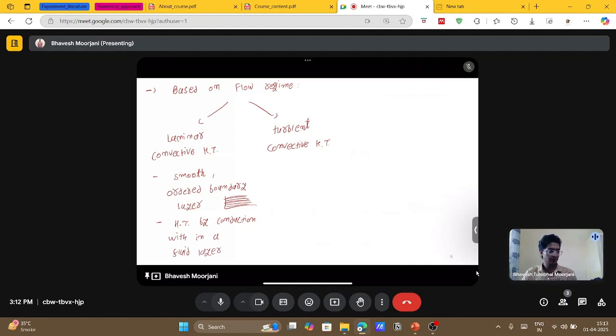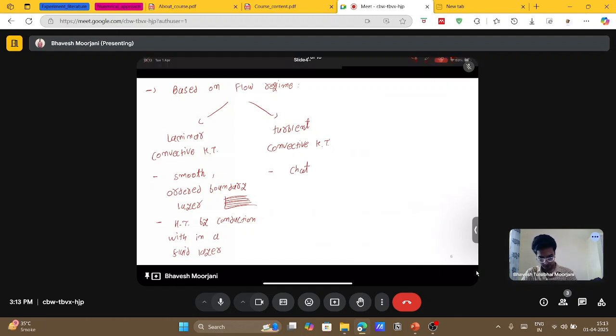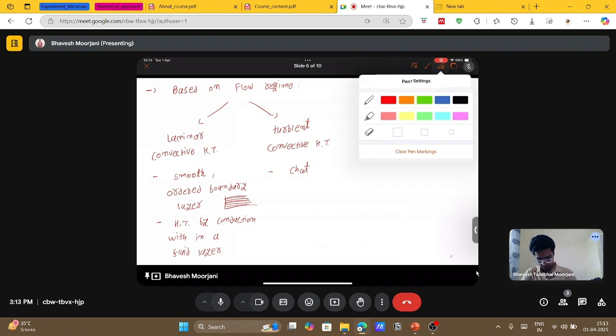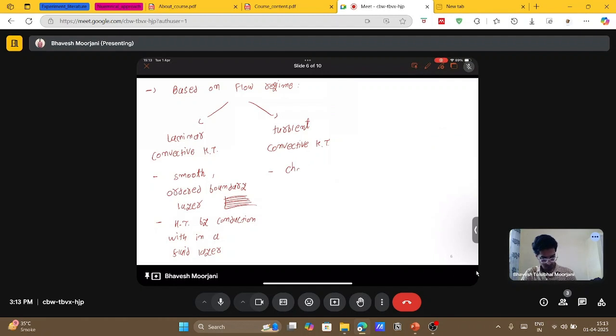While for turbulent heat transfer, you will have chaotic motion of fluid with eddy currents, right? Because of this chaotic motion and eddy formation within the fluid, there is mixing occurring in the fluid, right?